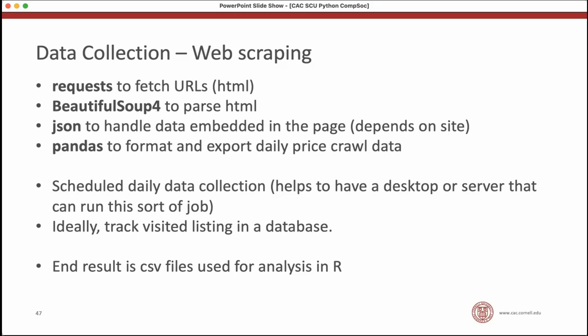Then you can send that HTML into Beautiful Soup, and that turns it into a nice data structure that you can query. In this case, some of the data we cared about was bundled up in a JSON formatted blob, and after we parsed it with Beautiful Soup, we needed to take out this blob of JSON and reparse it with JSON to get at some of the values we needed.